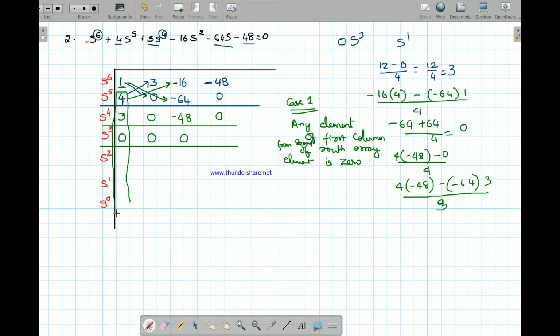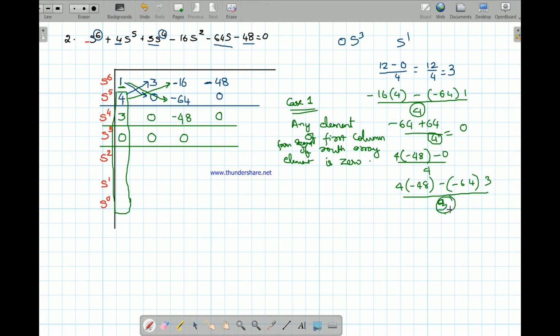The reason is, whenever I am finding the new values in the next row, every time we are dividing by the element of the first column. Earlier we divided by 4 to find the third row. When we are finding the fourth row, every calculation will be divided by 3.